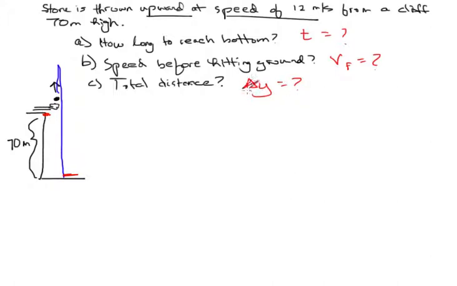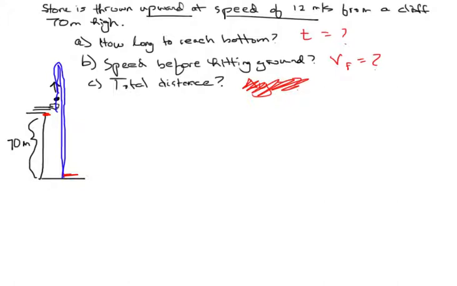Whereas the total distance is what's in blue. You go up, you go down, and then you have the 70 meters. You have to account for all this. So for total distance, there really is no variable. We'll show you how to do this, but that's part C. So let's go one at a time.